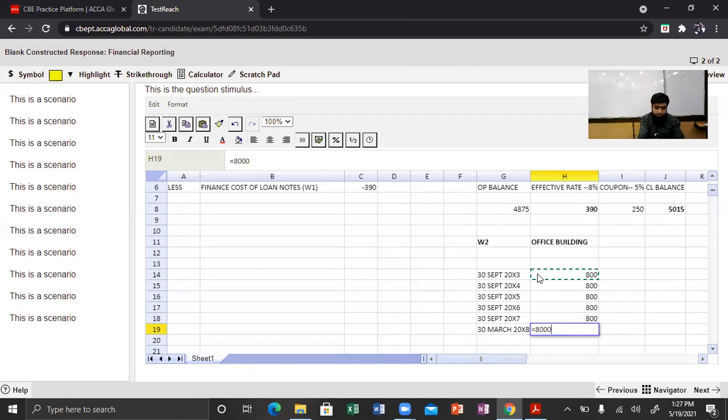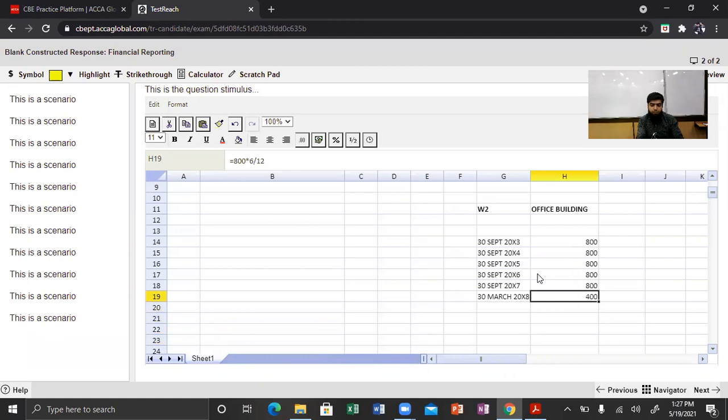So 800 multiplied by 6 and divided by 12, that is half a year, that is 400. The depreciation till 1st April is the sum. Let's make the sum of it. That is 4,400. That is the accumulated depreciation till the date of impairment.